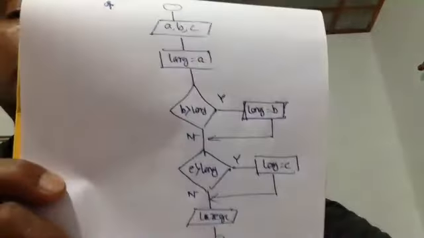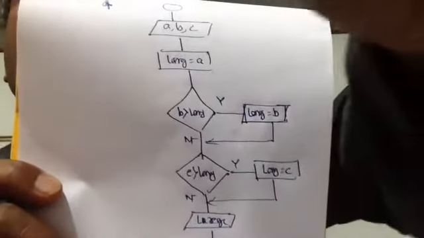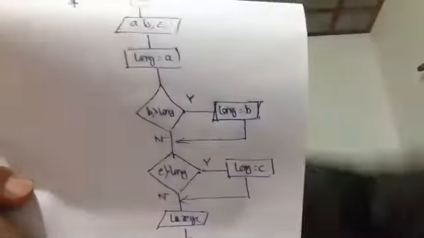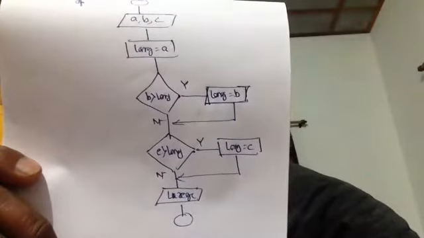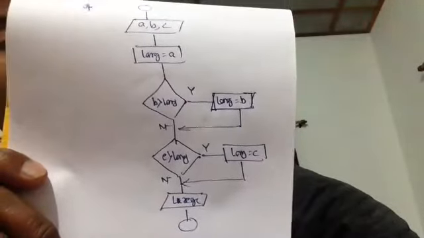Let us see. This will be closer. First, you draw it. What? No, sir. It's clear, na? Visible. Yes, sir.